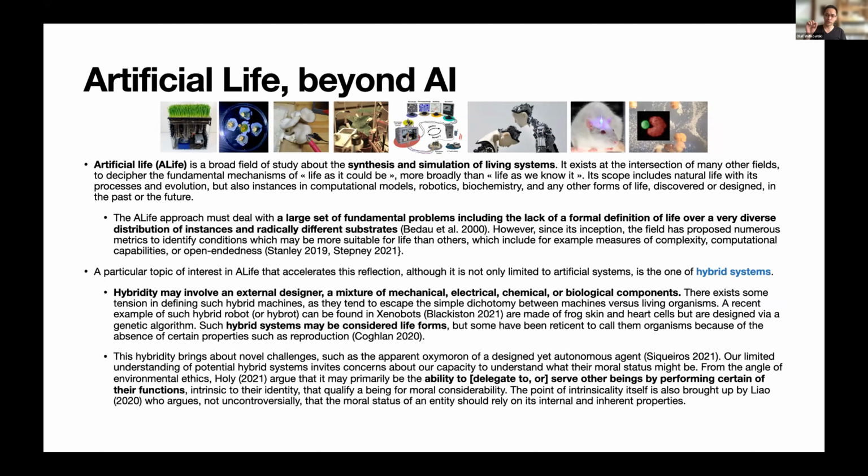But a particular point I want to insist on here, I want to insist on everything we mentioned in the paper, but it's hybrid systems. I think those are very interesting because they won't happen in the remote future. They're happening very soon because we are mixing naturally living and non-living in our technologies, and also different categories like external designers, a mixture of mechanical, electrical, chemical, biological components within.